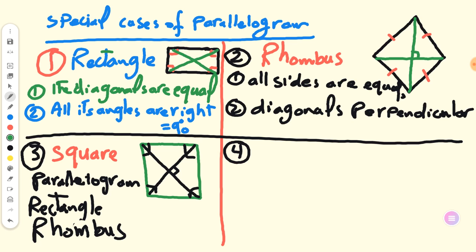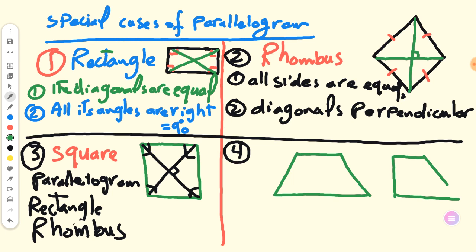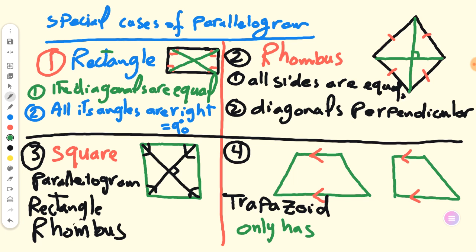Last one is the trapezoid. We can draw it in this shape, or we can draw it like this one. It has only two parallel sides. A trapezoid has only what? Two parallel sides.